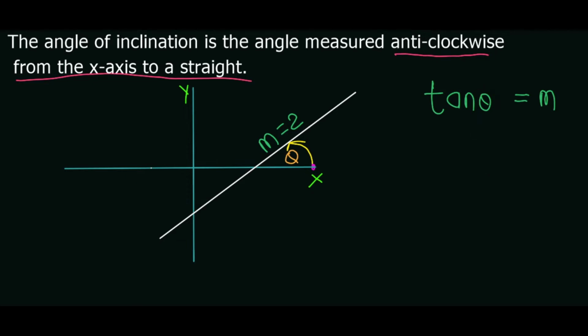So tan theta is equal to 2, and from there it's easy to find the angle of inclination.